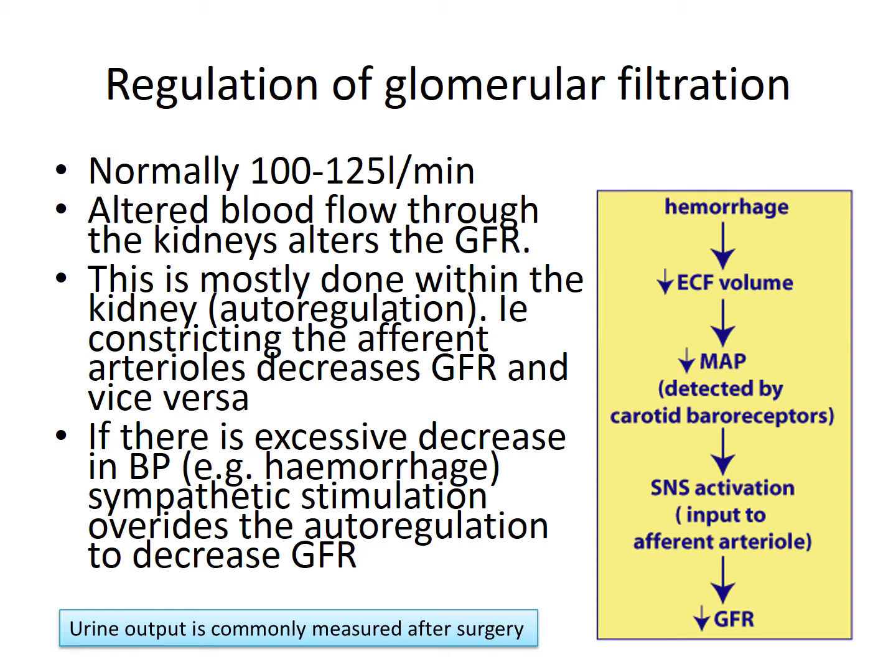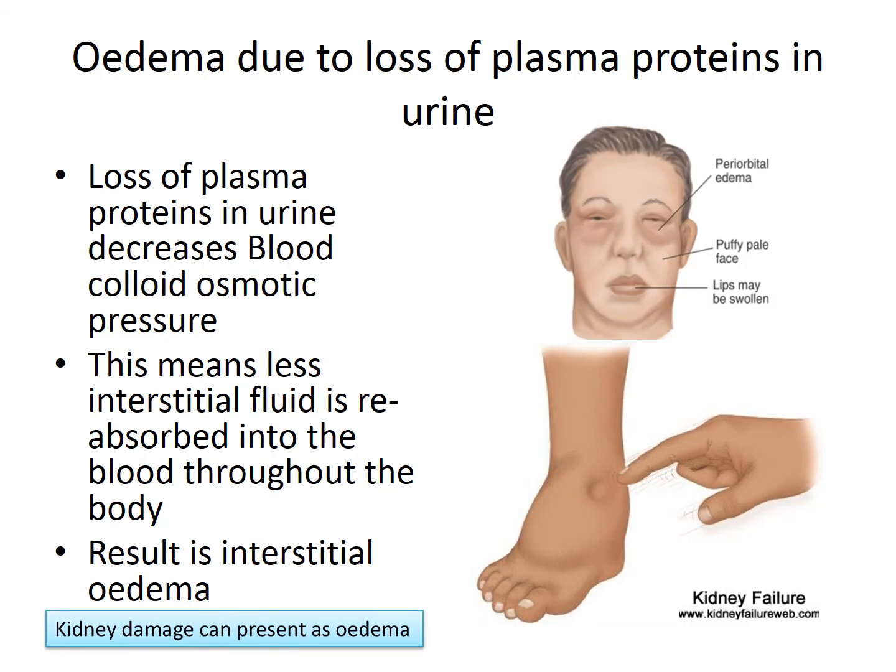Okay, let's consider glomerular filtration in a little bit more detail. If there's a problem with the kidney, and you remember albumin was just on the cusp of being kept in and maybe not being kept in, but for the most part it was kept in.